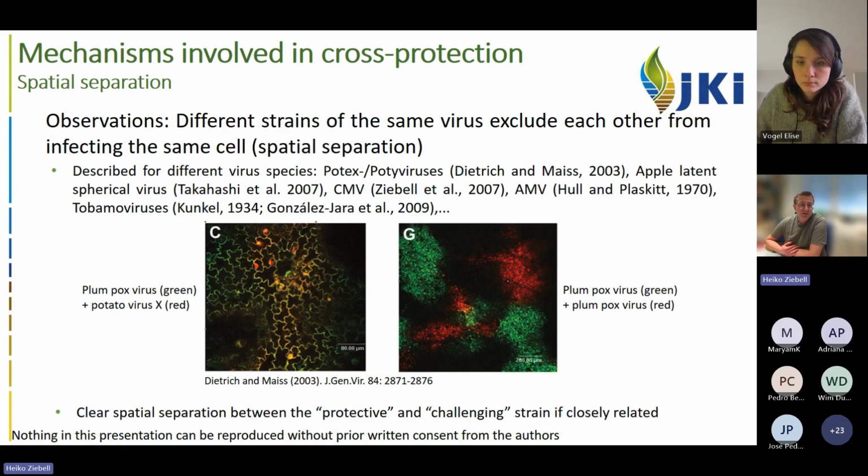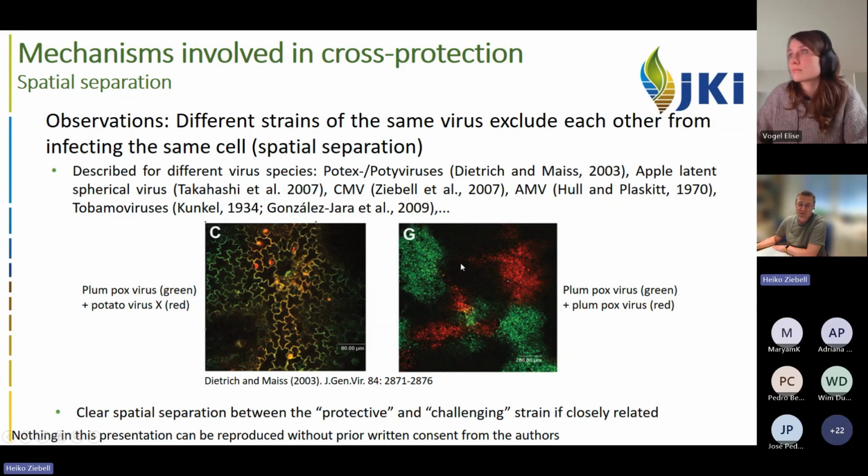What researchers observed is a phenomenon called spatial separation. So if you have different strains of the same virus, it seems that they can exclude each other from infecting the same cell, spatial separation. And Edgar Meis and his PhD student tagged viruses with different fluorescent proteins, and they found out when we use a potyvirus and a potexvirus with different labels, they can infect the same cells.